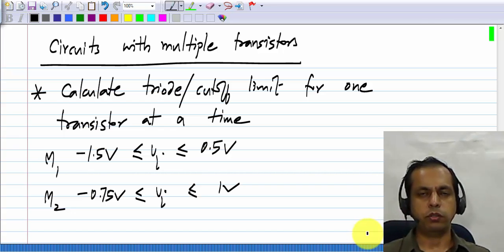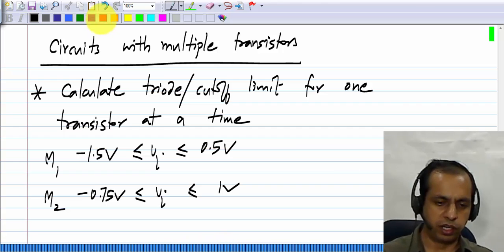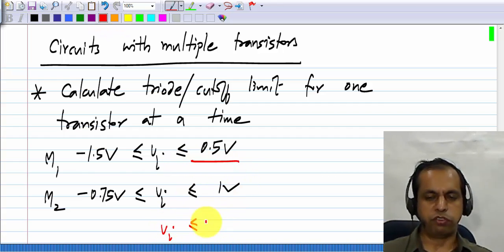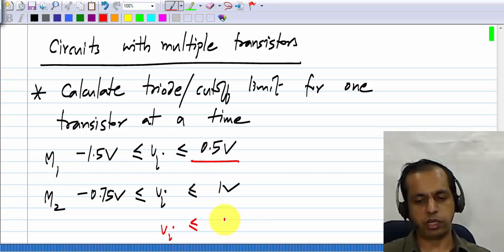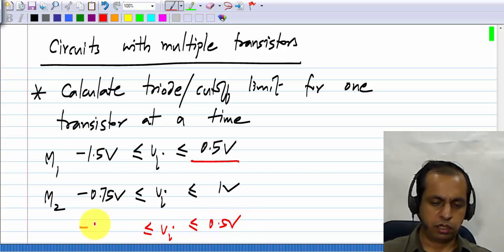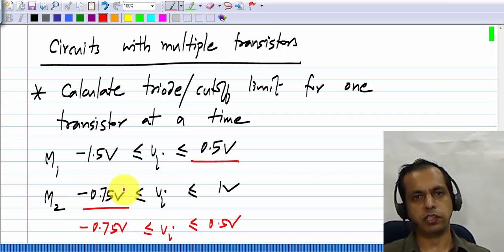And then what you do? You take the worst case, that is lowest of the upper limits and highest of the lower limits. And in this particular case, obviously, Vi should be limited to 0.5 volts because otherwise M1 may go into triode region or M1 will go out of the desired region, and it has to be greater than minus 0.75 volts, otherwise M2 will go into the undesired region.